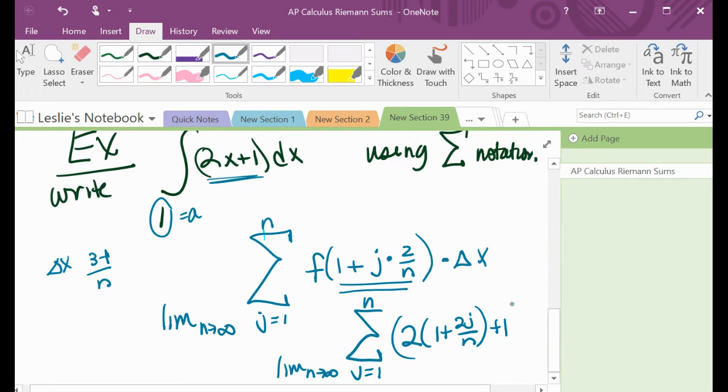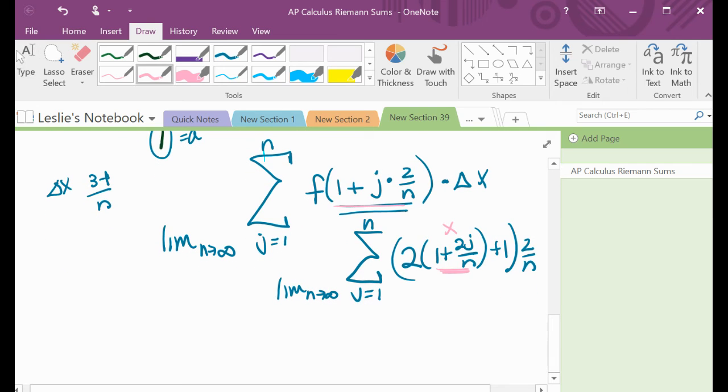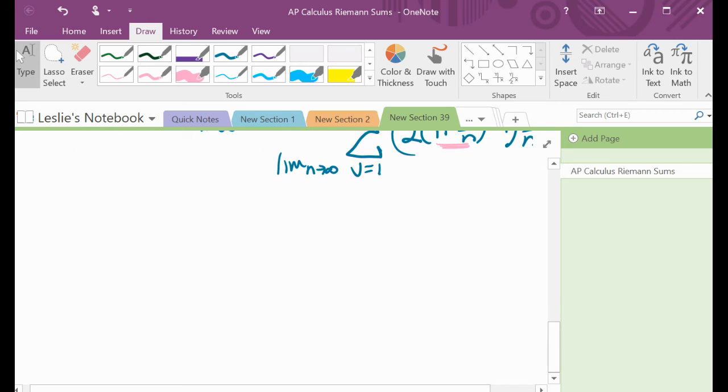And then that whole thing is multiplied by delta x. Okay? So if you can see here, this used to be x, and we've replaced x with this in the function 2x plus 1. All right, and then you don't have to do anything to it. You're done. That's fine.